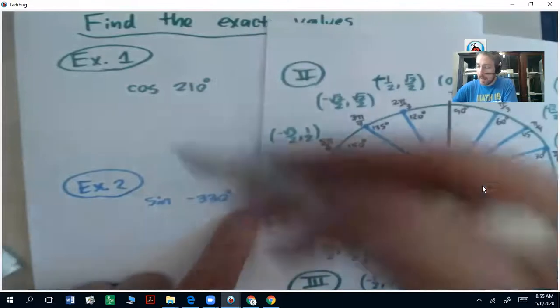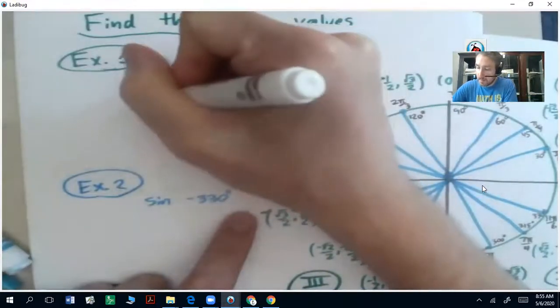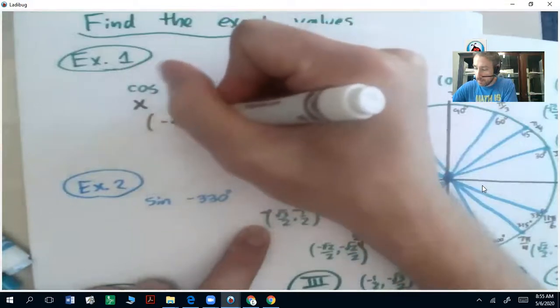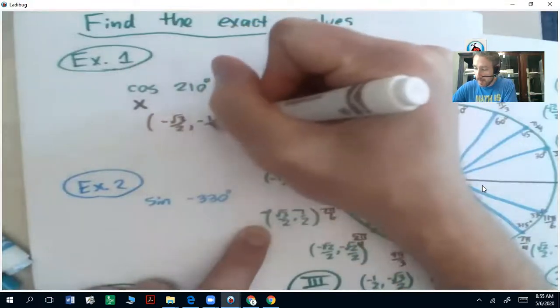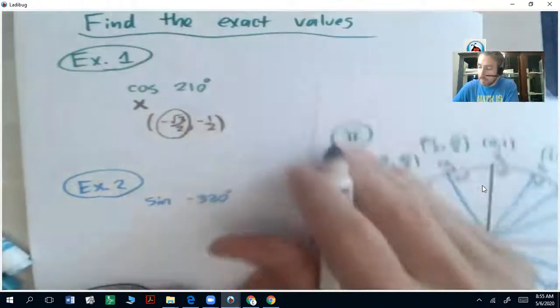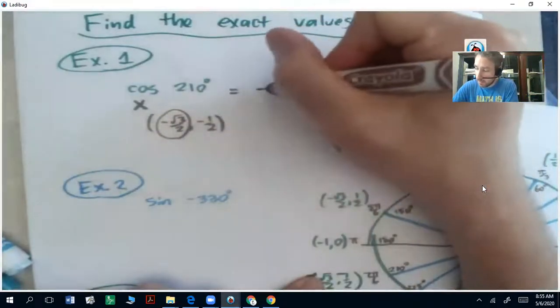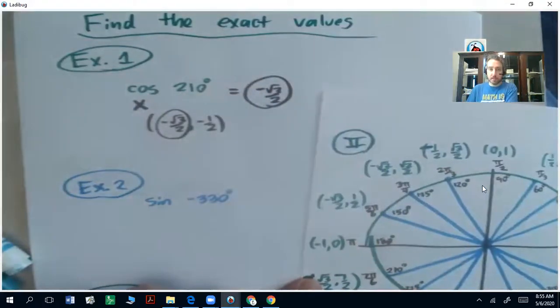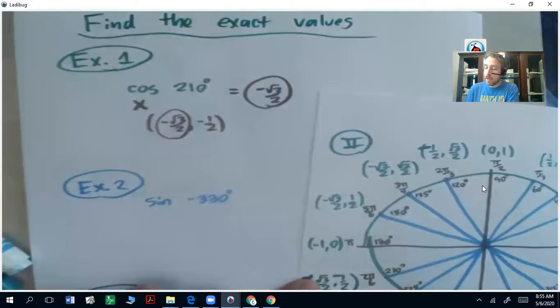Since the cosine is x, I just want to report the x value. So the cosine of 210 is the negative square root of 3 over 2. And I'm done. I don't have to solve anything.